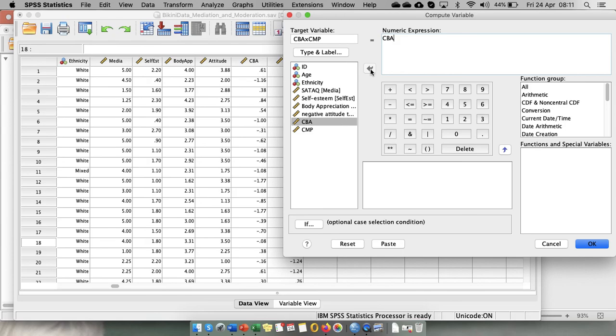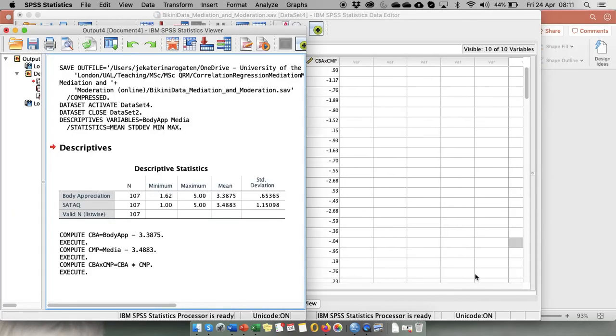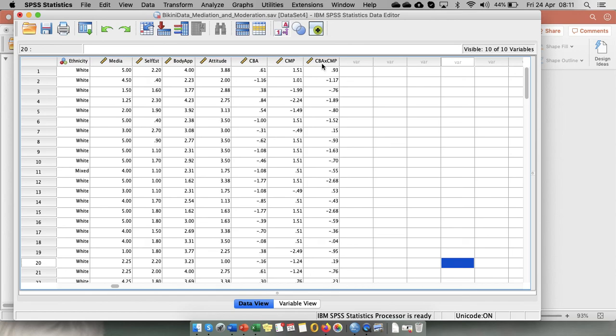In our case, the moderation term is the multiplication of the two predictors, CBA times CMP. So now we've got our moderator effect, our interaction.